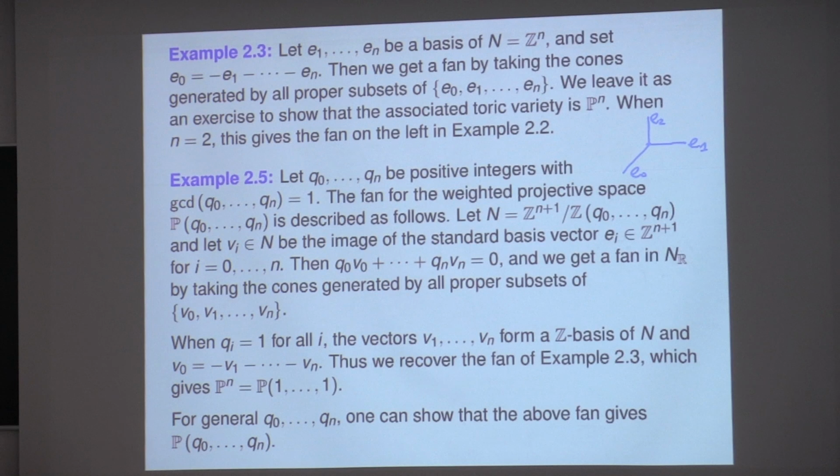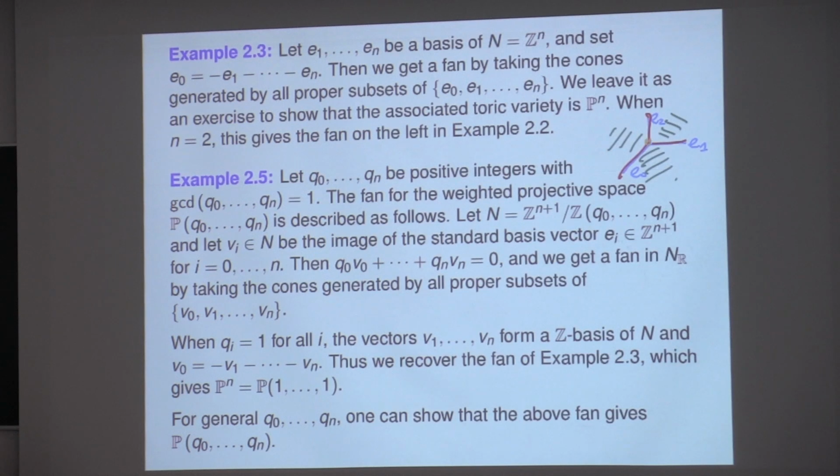And then over there, these guys are telling us to take the cones generated by all proper subsets of that finite collection of vectors. So what are we getting over here? Well, this one is one of the cones, it's a proper collection. This one is another one, this one is another one, plus the 3 rays, and plus the origin.